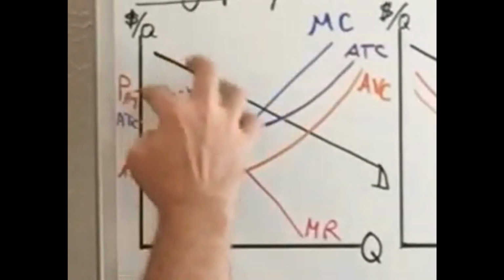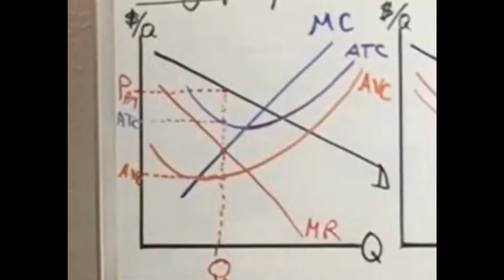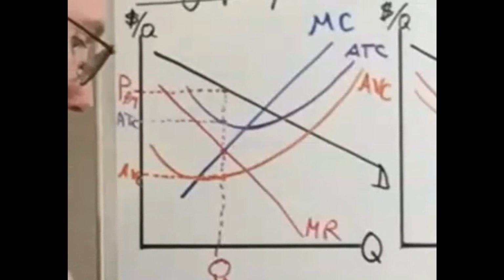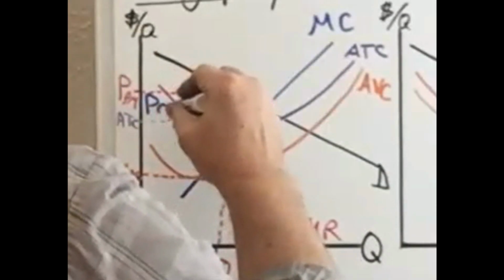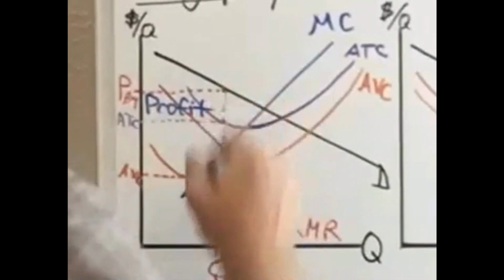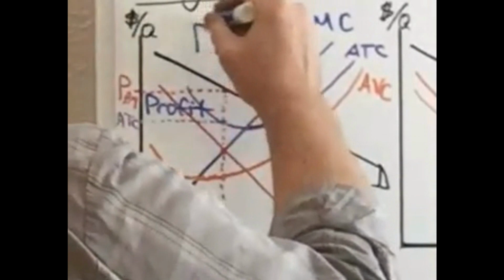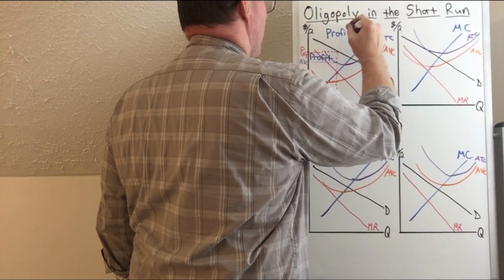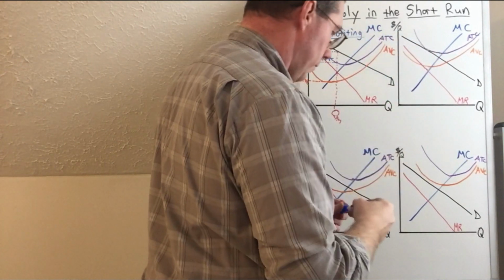Total revenue is larger than total cost, therefore we are profiting. This firm is experiencing economic profit. So that's good for them. All right, so we're going to put profiting.